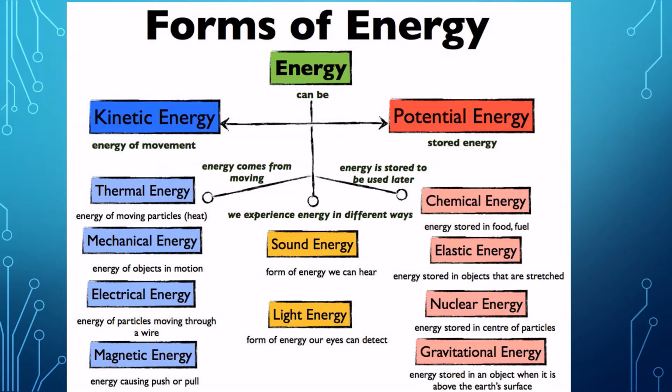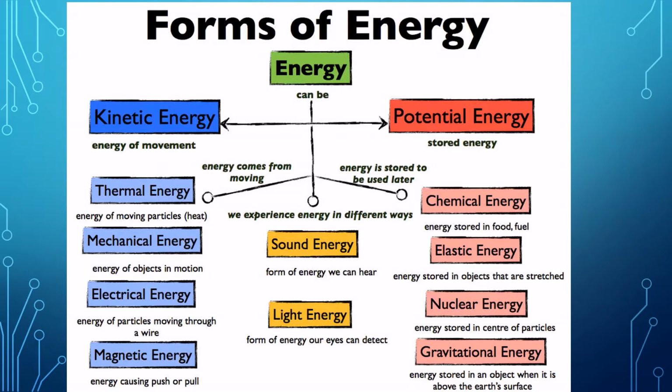So first, we have the chemical energy. This is the energy stored in food, in fuel. Elastic energy, this is the energy stored in an object that is stretched, like for example, the rubber band, the garter, and all rubbers. Another type of potential energy is the nuclear energy.